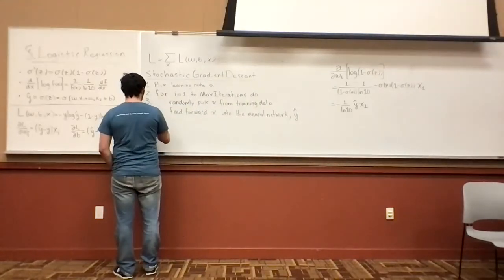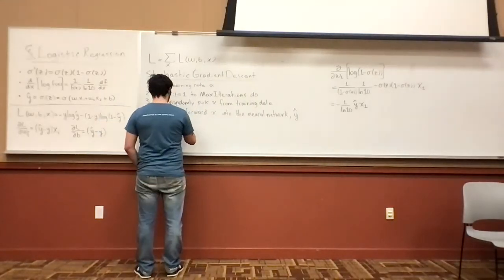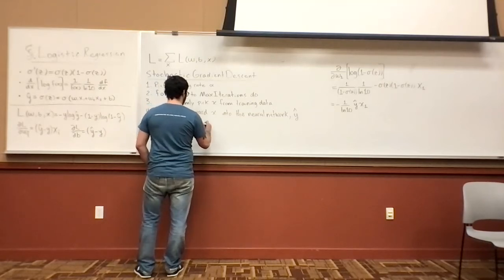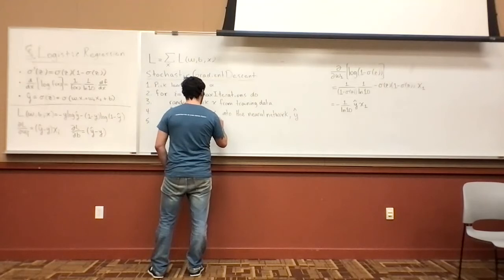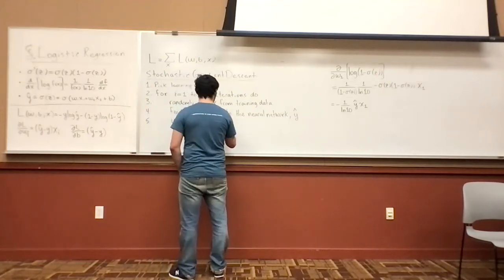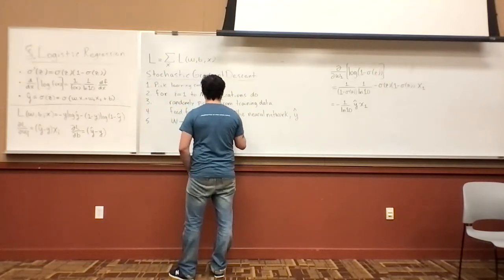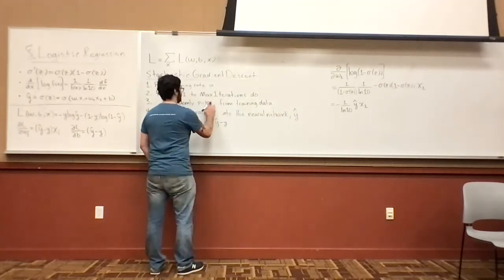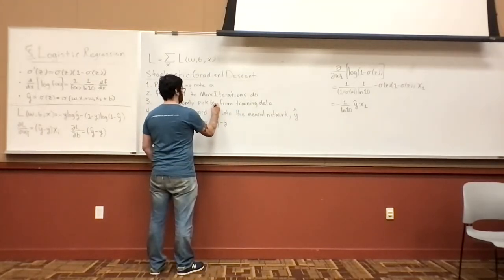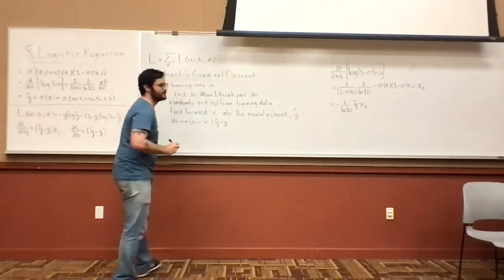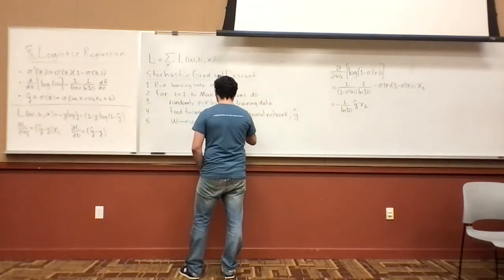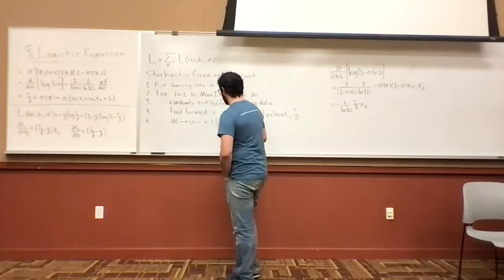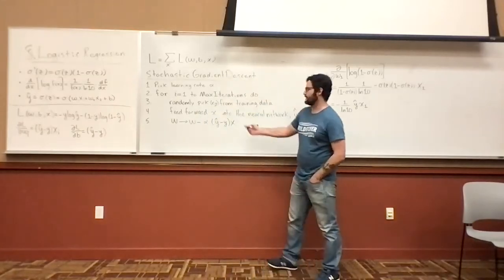And then 5, W becomes W minus your learning rate times y hat minus y. Oh, I should say pick x, y, not just x, pick x, y from your training data. Times x. Now these are vectors now.